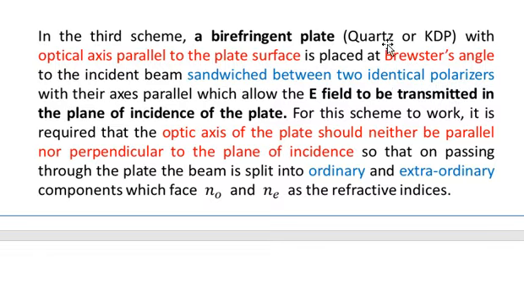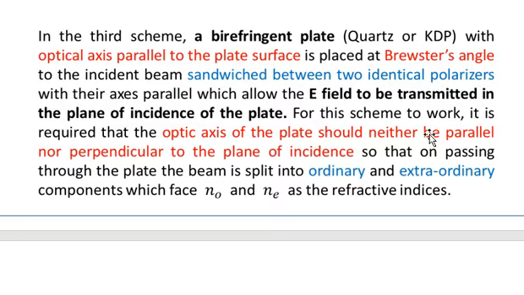And of course, the quartz or KDP plate, as shown in the setup, should be sandwiched between two identical polarizers with their axes parallel to each other, which allow the electric field to be transmitted in the plane of incidence of the plate.